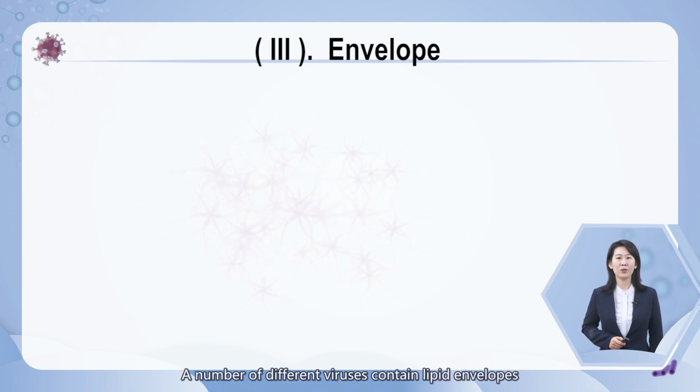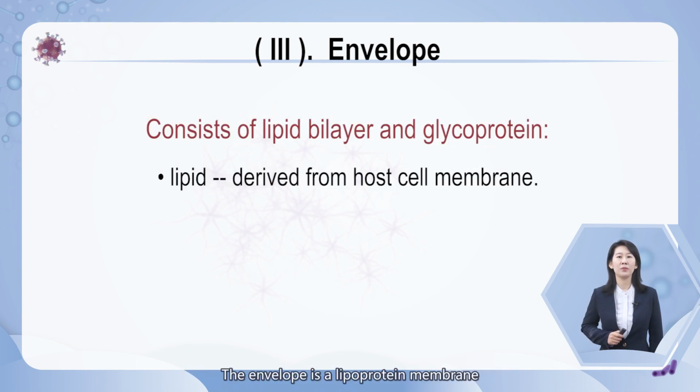A number of different viruses contain lipid envelopes as part of their structure. The envelope is a lipoprotein membrane composed of lipid derived from the host cell membrane and protein that is virus-specific. The viral envelope is acquired as the virus exits from the cell in a process called budding.